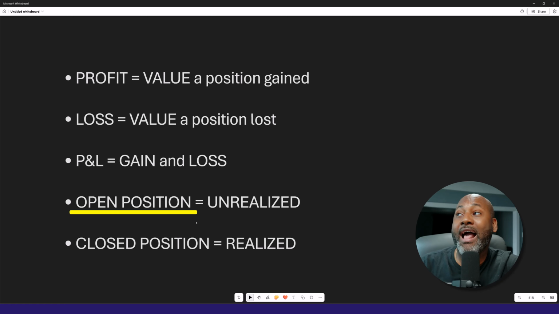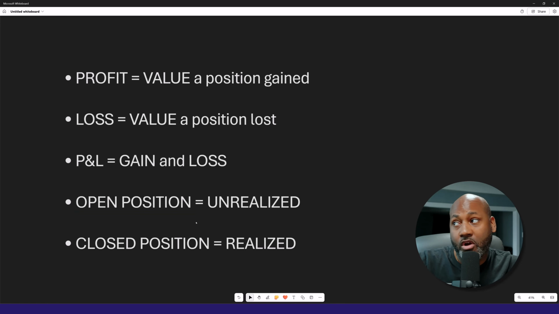That is an unrealized gain or an unrealized loss. The key word is real. It's not real money yet. It's unrealized, but the value has changed on that asset.